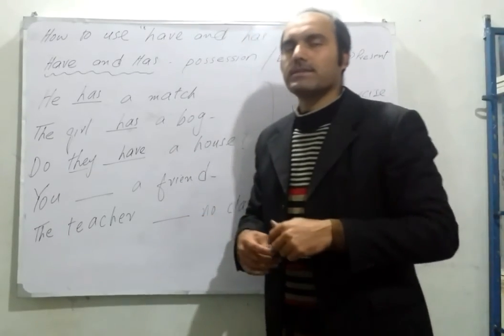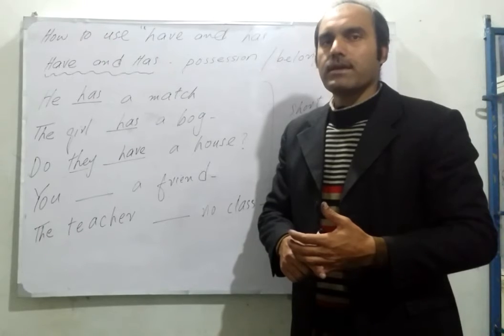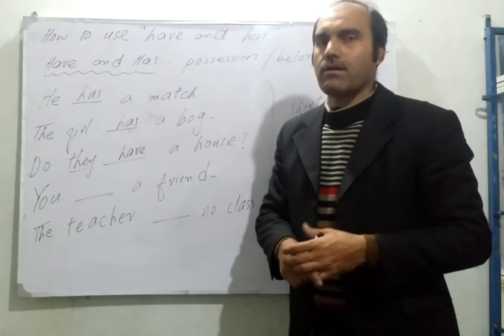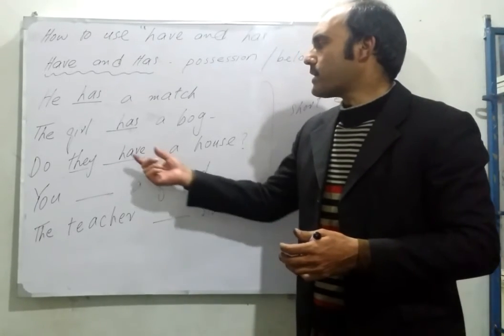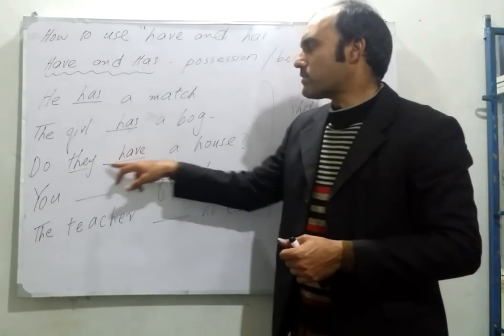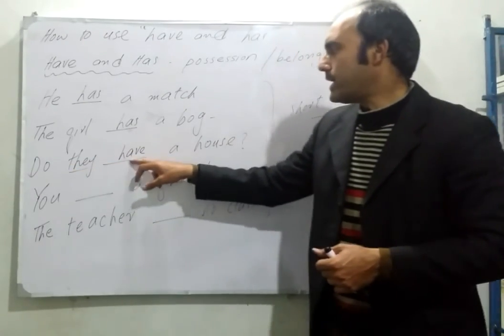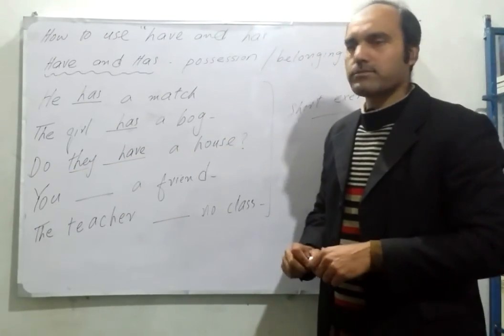Earlier you learned that whenever our subject is they, you, we, and I, which are plural, with them we can put have. So here our subject is they, therefore we need to put have here. Do they have a house? This is an interrogative sentence.